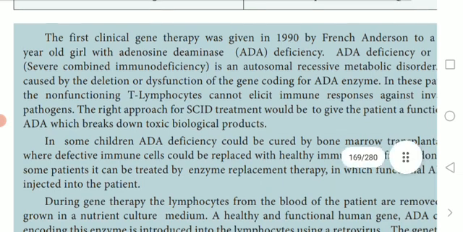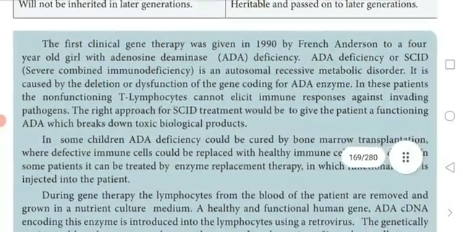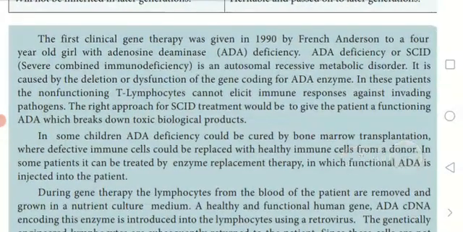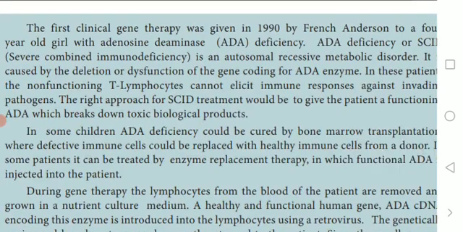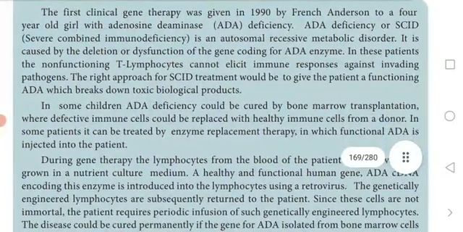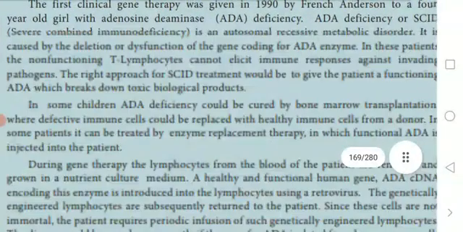SCID means severe combined immunodeficiency disease. It is an autosomal recessive metabolic disorder caused by deletion or dysfunction of the gene coding for the ADA enzyme.